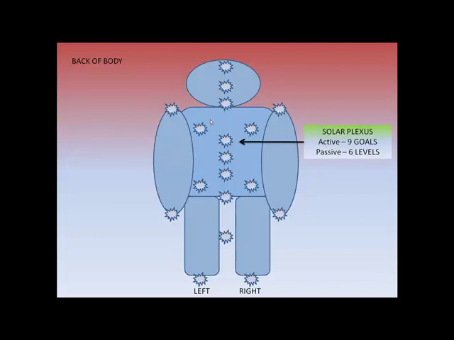In the solar plexus, we have a number of different goals that we pursue, seen and unseen. And there are 9 goals that I have determined most individuals are trying to attain. Passively, we have a number of different multi-level dimensional bodies, 6 levels that I call them.